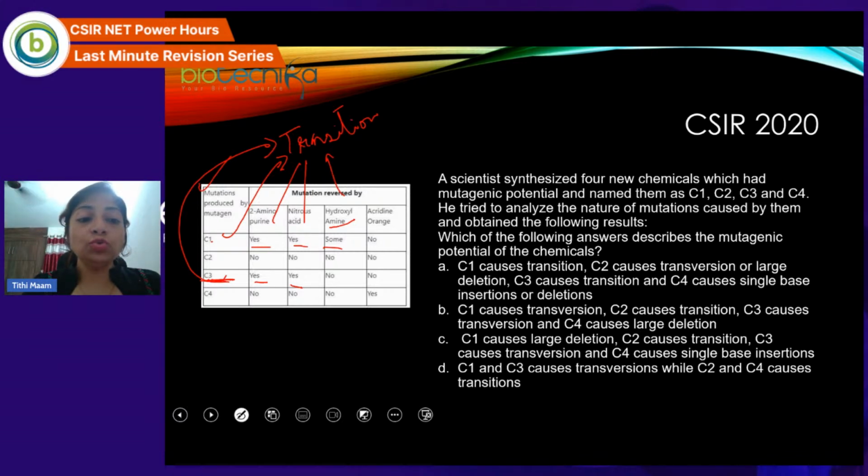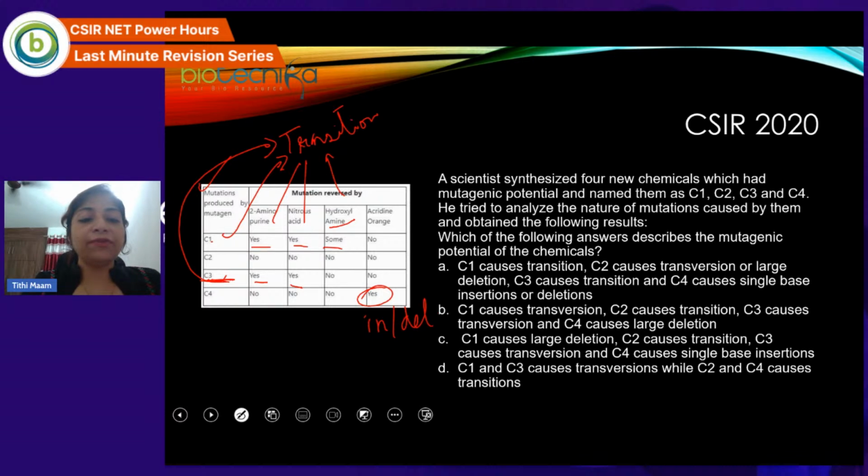What about C2? C2 cannot be reversed by any of them. All these agents that we have used can either cause transition or single nucleotide insertion or deletion. So C2 can be neither a transition nor a single nucleotide insertion or deletion. Apart from that, it can be any other mutation, so it can be a transversion, or a large segment deletion. What about C4? C4 is getting reversed by acridine orange. Acridine orange can cause insertion or deletion mutation, right?